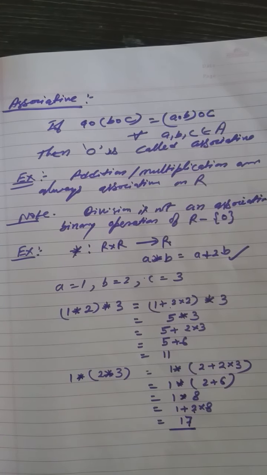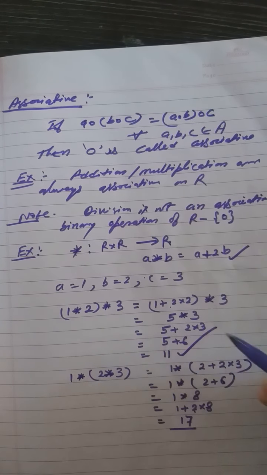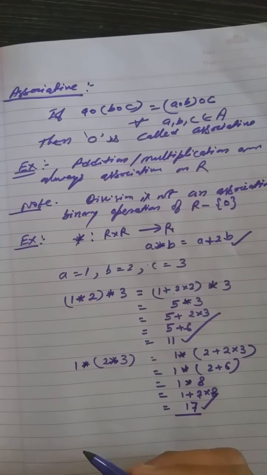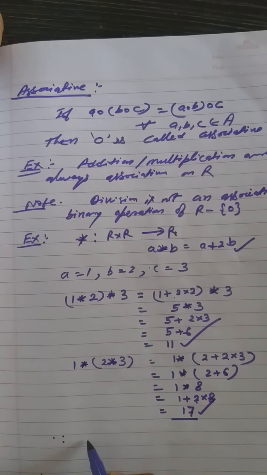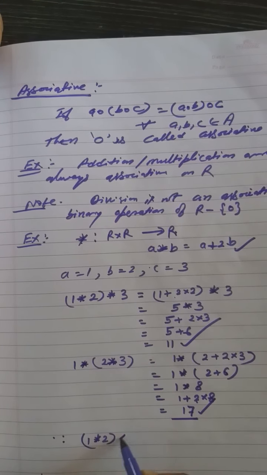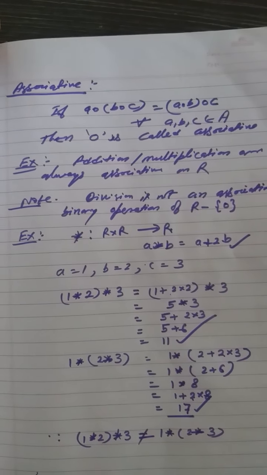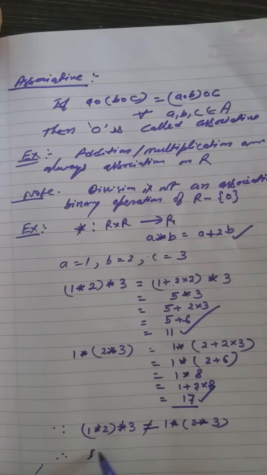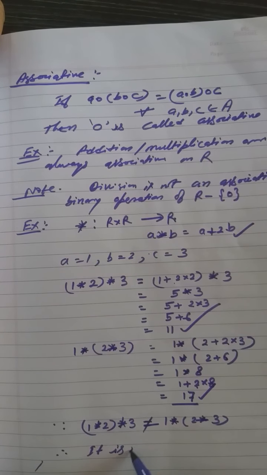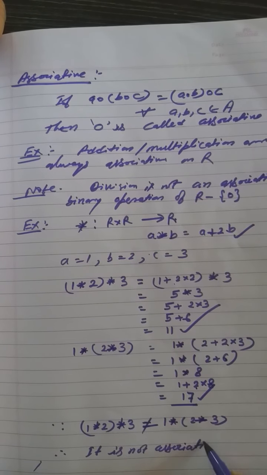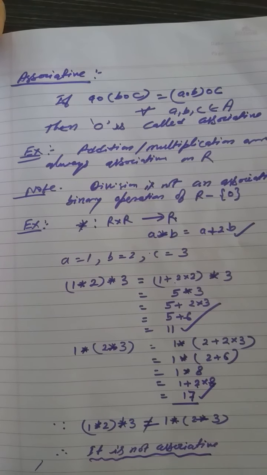Whatever you are observing, this is not equal to the previous result. Since (1 star 2) star 3 is not equal to 1 star (2 star 3), therefore it is not associative. I hope you understand this.